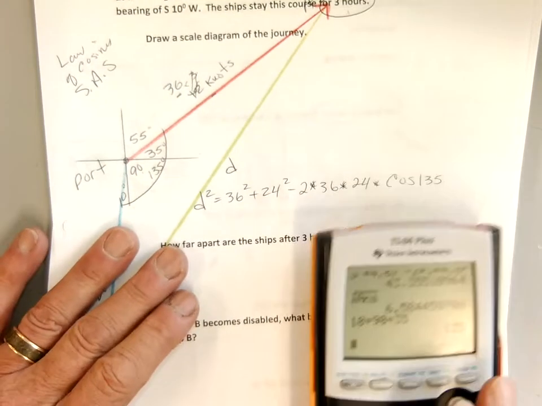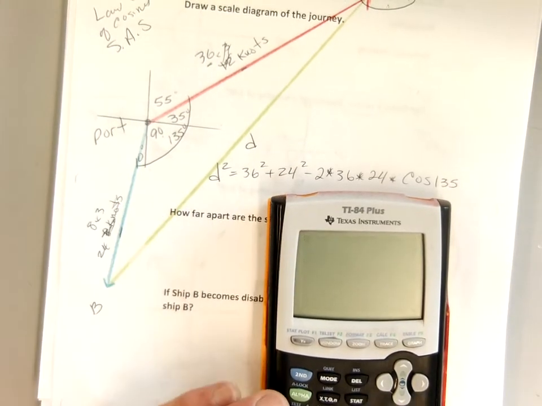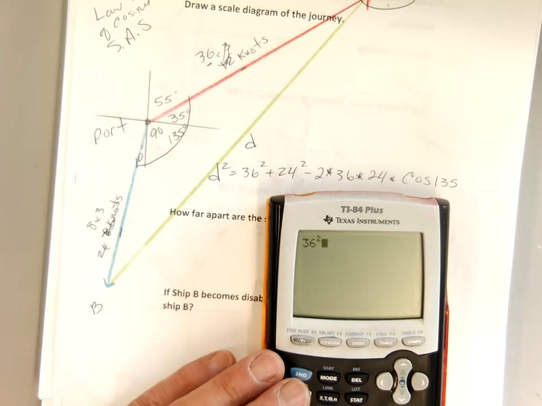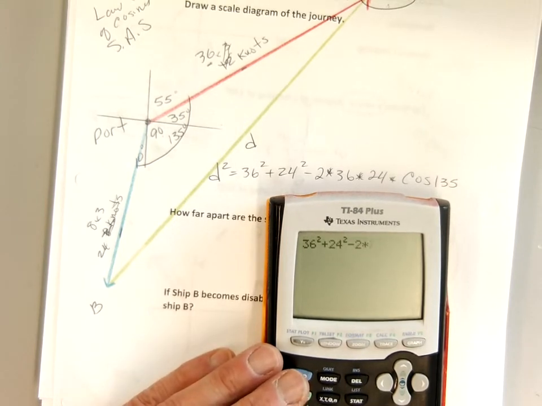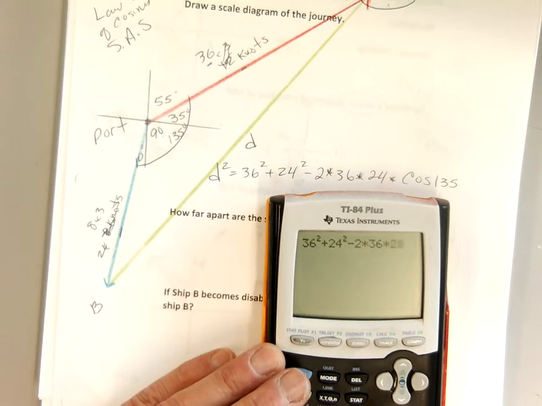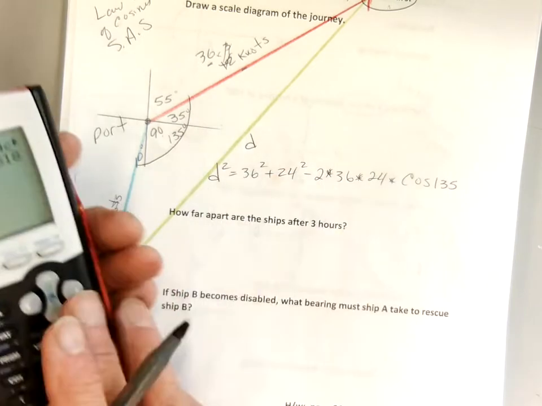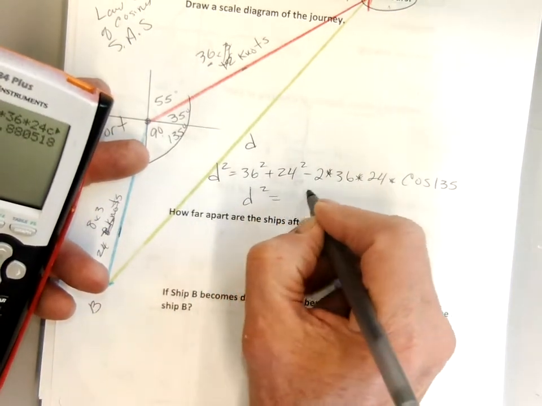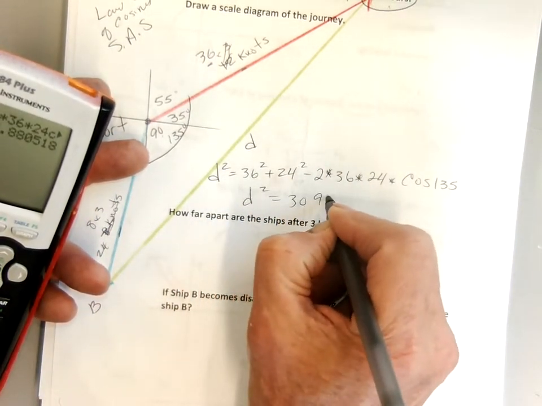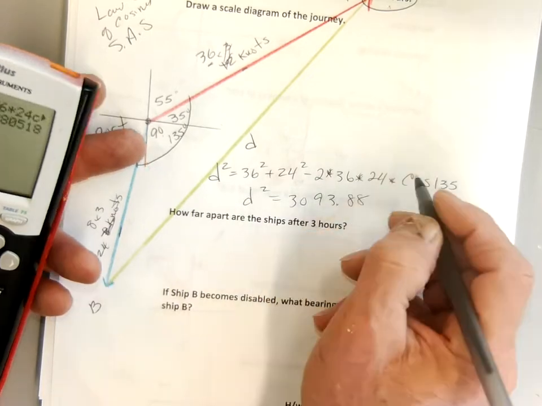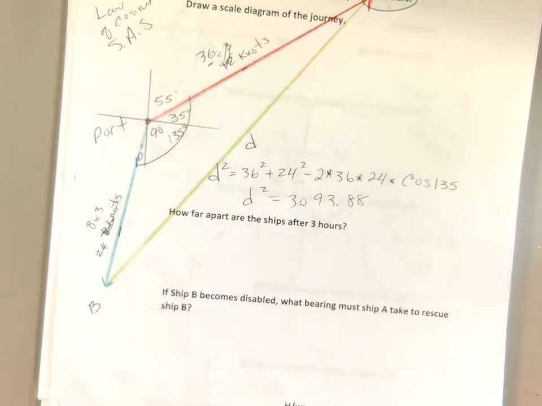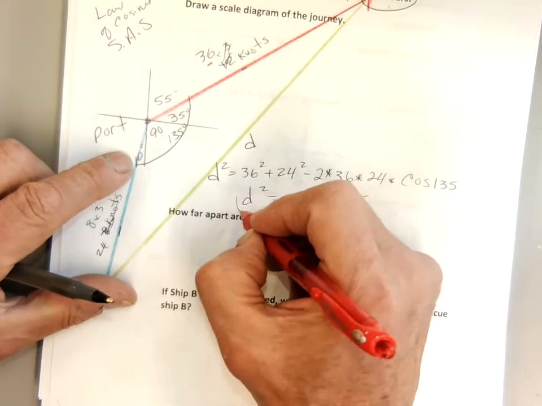So all right, I'm going to type that in my calculator. I'm going to go 36 squared plus 24 squared minus 2 times 36 times 24 cosine of 135. And I get d squared is equal to 3,093.88. But of course, that's d squared. So we're going to square root, right?